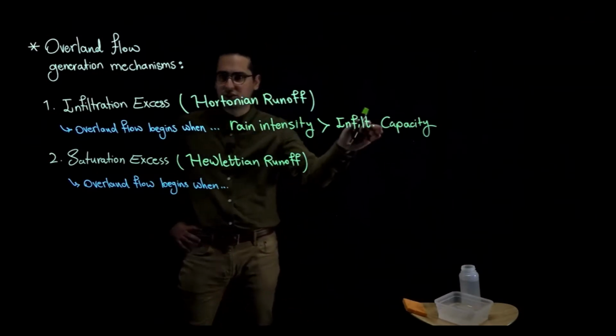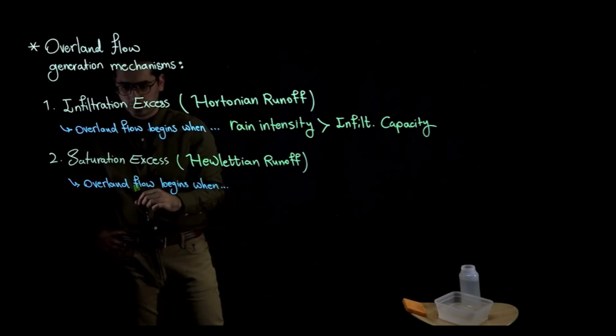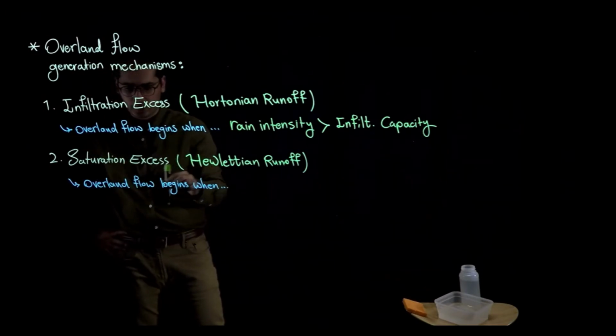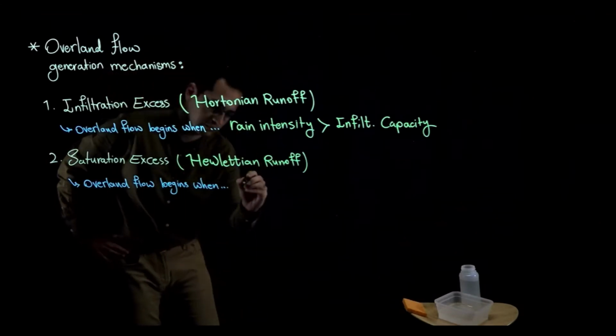We're going to come back to this definition, but let me give you another short definition of saturation excess. Whenever you're using saturation excess mechanisms, you're assuming that overland flow begins when the top layer of the soil is saturated.